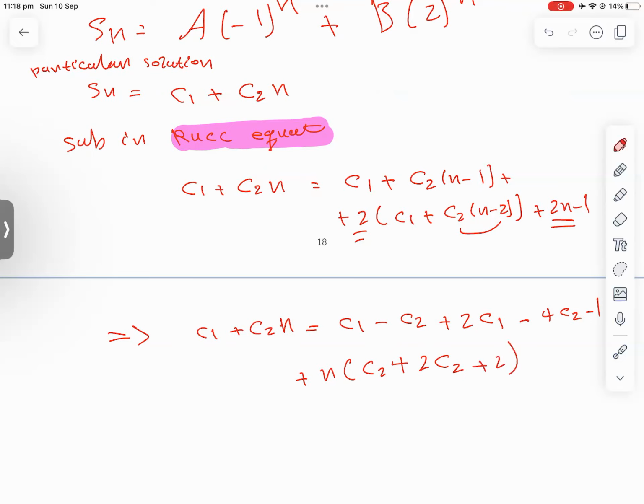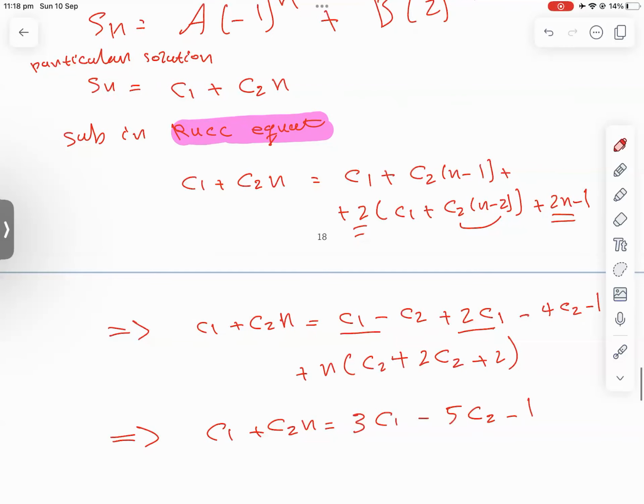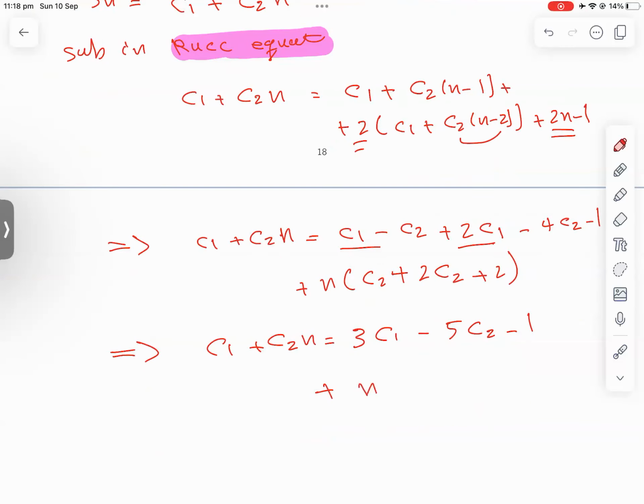So now can I simplify much more? C1 plus C2n equals 3C1 minus 5C2 minus 1, plus n times 3C2 plus 2.